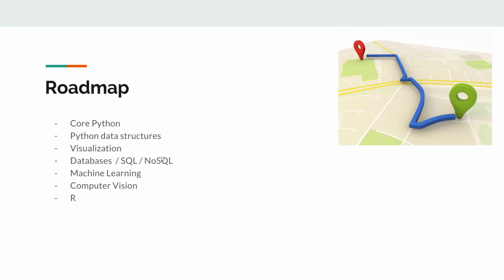We'll look at SQL databases and also have a look at NoSQL databases like MongoDB. We'll then jump into machine learning and computer vision algorithms that can be used on data sets to help us produce insights, predictions, or recommendations. Finally, we'll take a little detour into using another language popular in the world of data science called R.